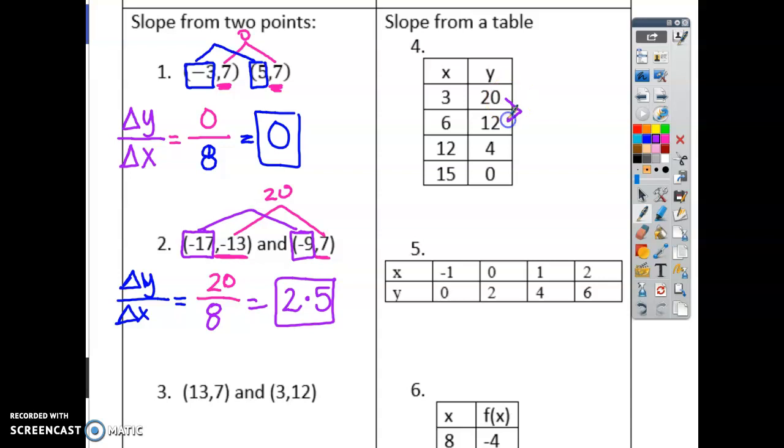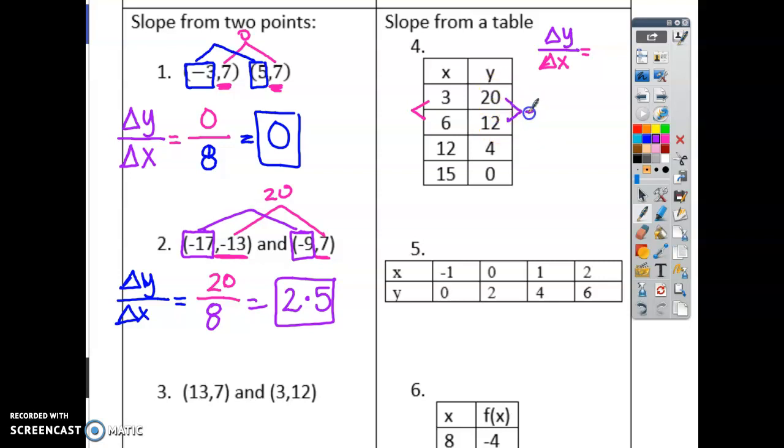Change of y divided by the change of x. How much did my y change right here? Did it go up or down? From 20 to 12.